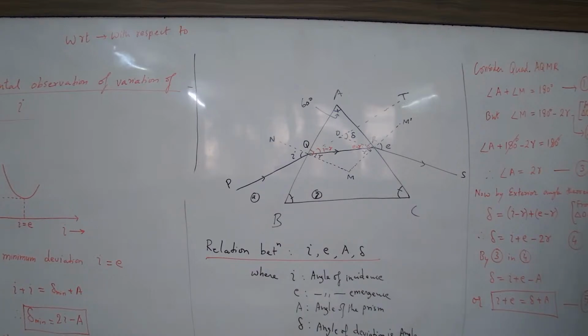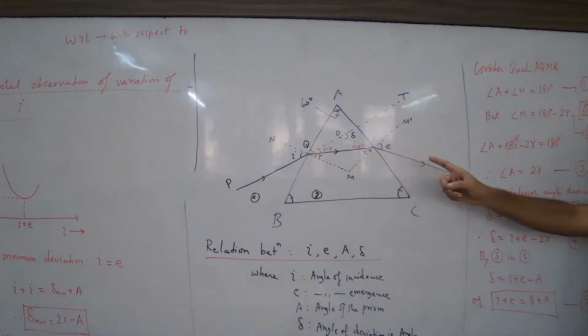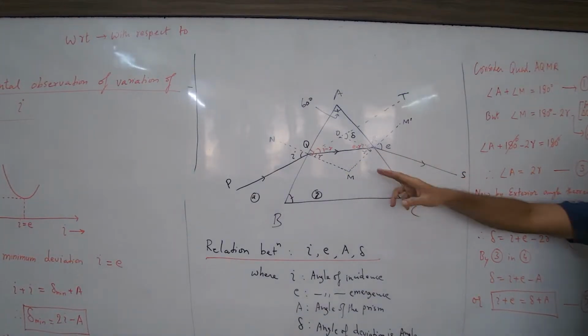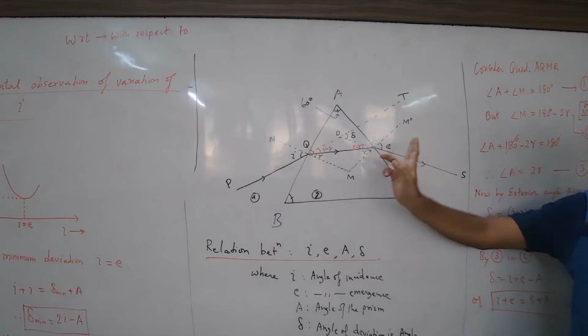If the angle of incidence increases further, then delta begins to increase. That's why the curve is touching the bottom, which is delta minimum. Now if you further increase I, delta will increase. Delta minimum is just one value, for which the refracted ray is parallel to the base. It's only for this situation that I will be equal to E.